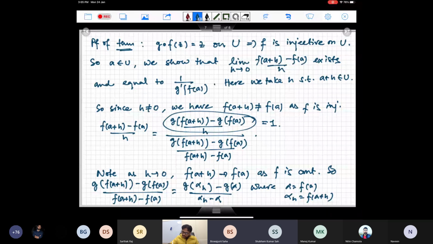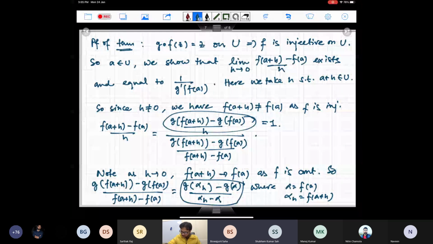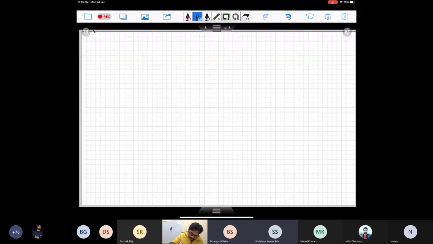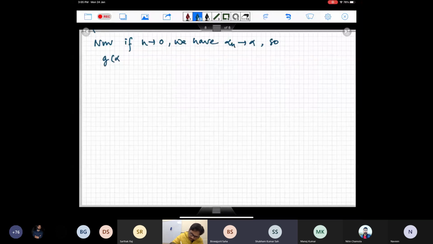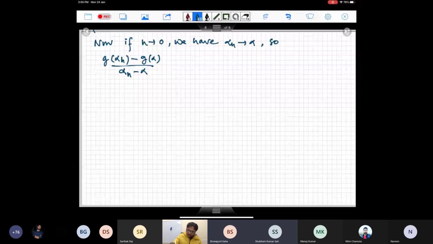So if h tends to 0, where does this ratio go to? Tell me. g prime of alpha. Now if h tends to 0, we have alpha h going to alpha. So (g of alpha h minus g of alpha) divided by (alpha h minus alpha) goes to g prime of alpha.